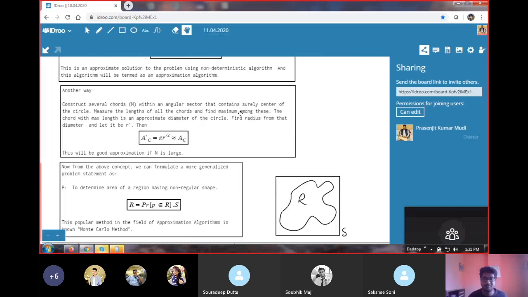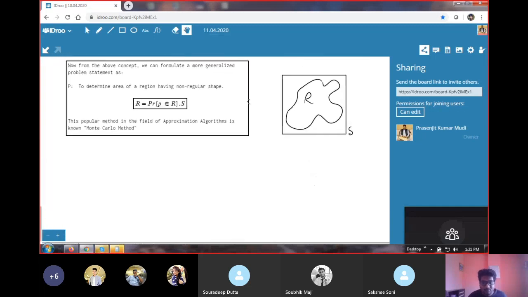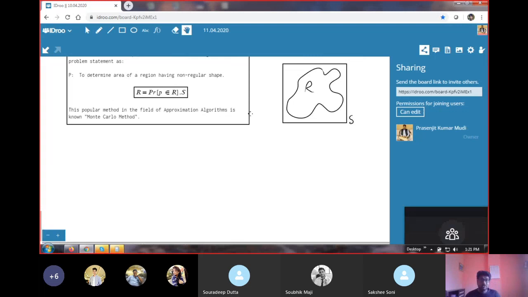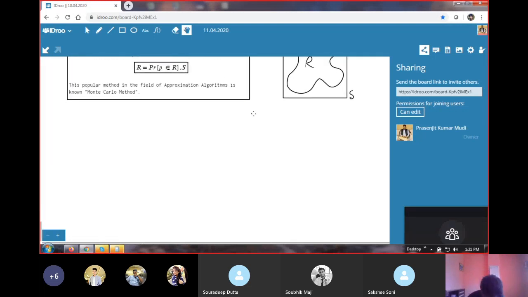This is a very simple example to motivate you, so it's not about area. We are given a problem and we have to find a solution. But I can't find the exact solution, but at least I can find an approximate solution to that problem. That's why approximation algorithms are coming into the picture.